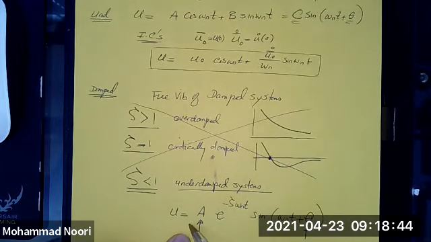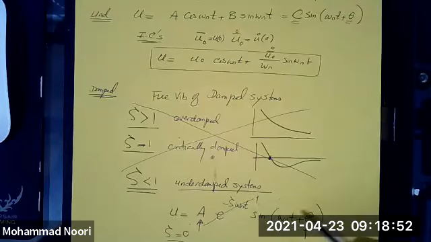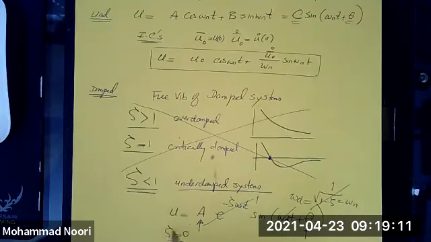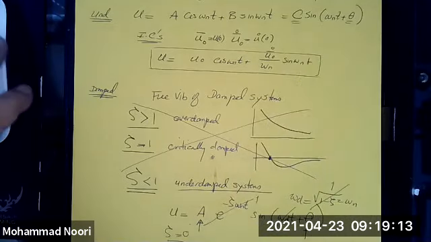This is the general case. In other words, if you put zeta, which is the damping ratio, equal to 0, this reduces to 1. And I'm sorry, this is omega d t, not omega n t. Omega d, which is square root of 1 minus zeta squared times omega n, since zeta is equal to 0, this would become 1. So omega d becomes omega n.